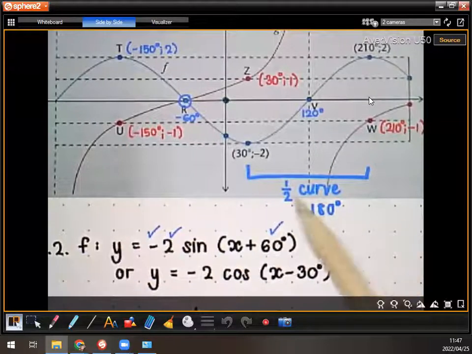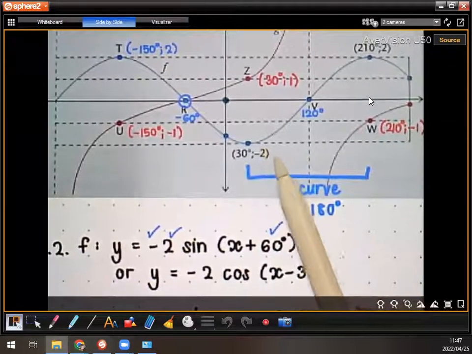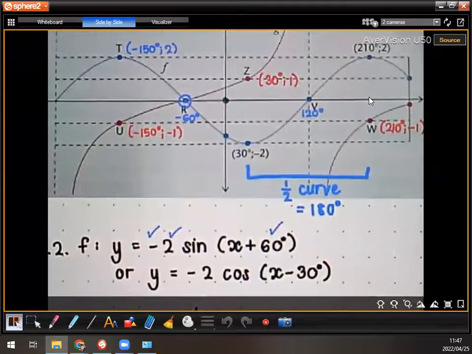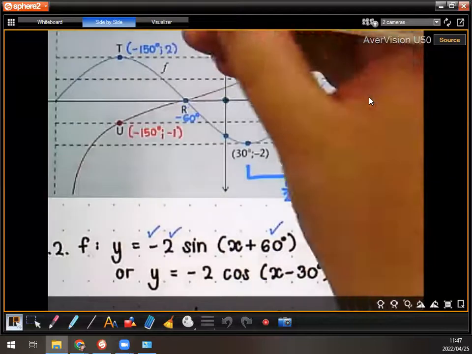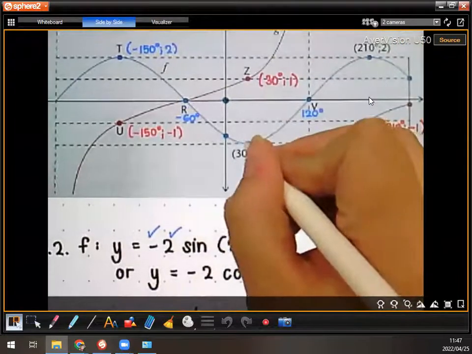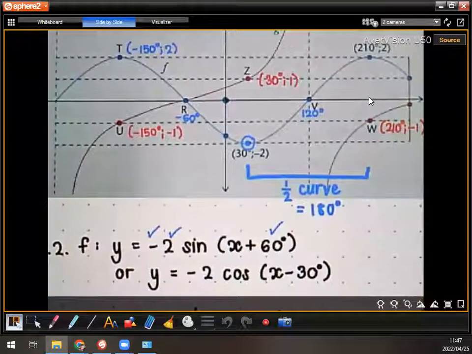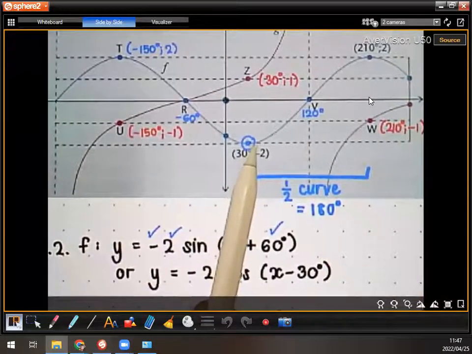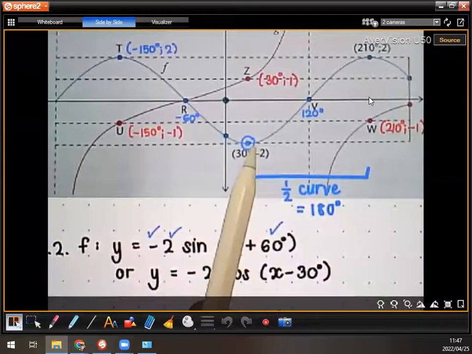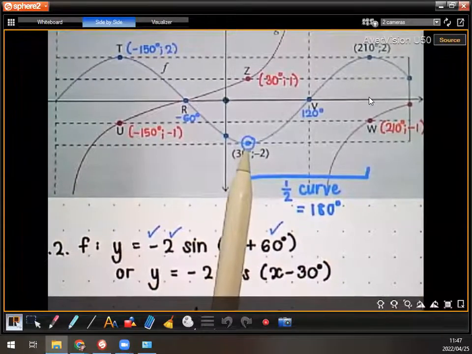You also could have said though that it's like an upside down cos graph. If you wanted to say that, let me just erase this. If you decided that this is the starting point, there's nothing stopping you from doing that. That would make it a cos graph. But we know that a cos graph always starts at the maximum value.